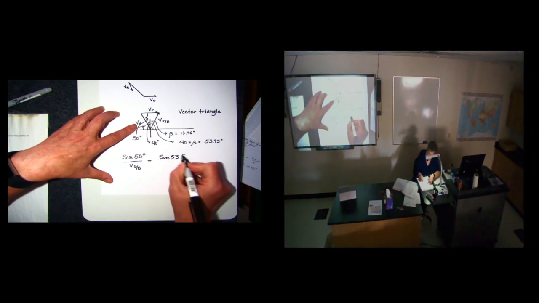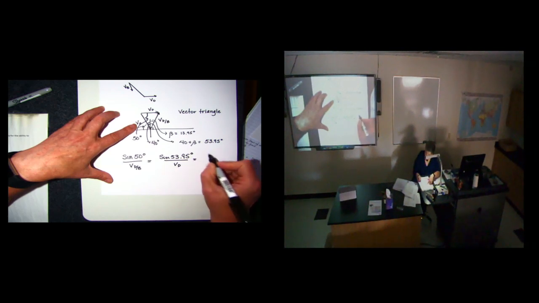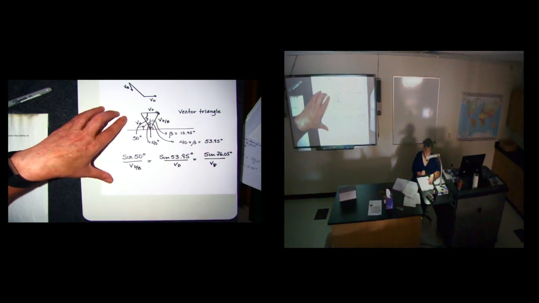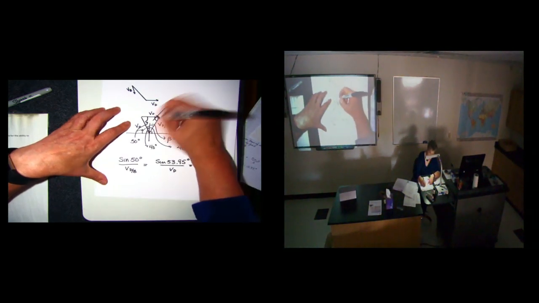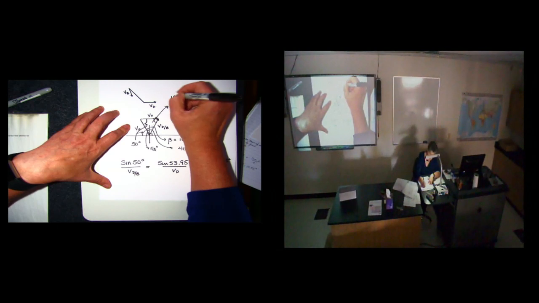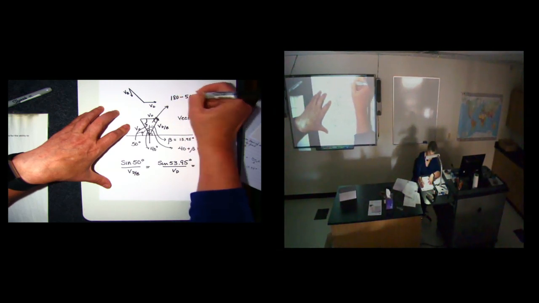But I've already figured out, and I'm given, or I figured out vector VB. That's right here. So now I can just plug it in and get vector VD is equal to 523.4 inches per second.